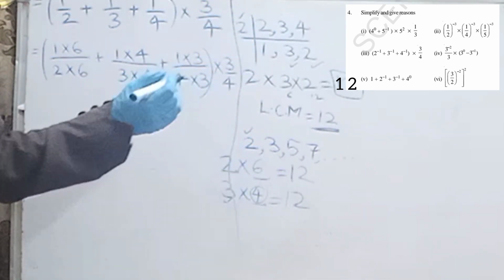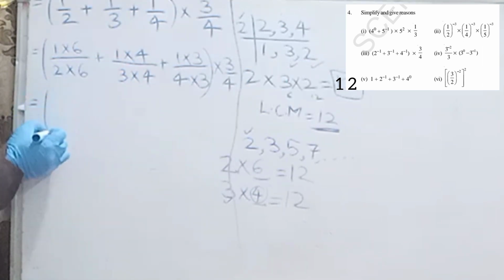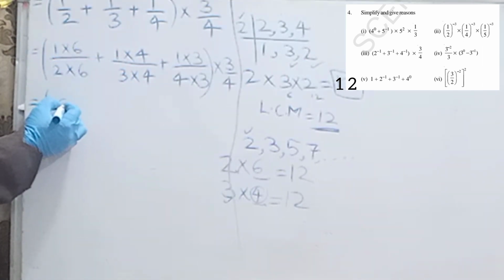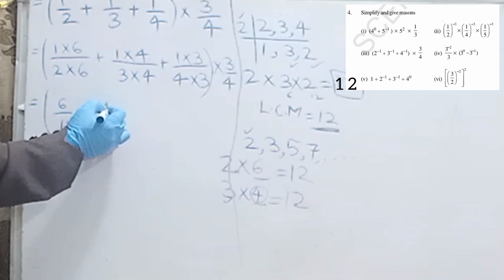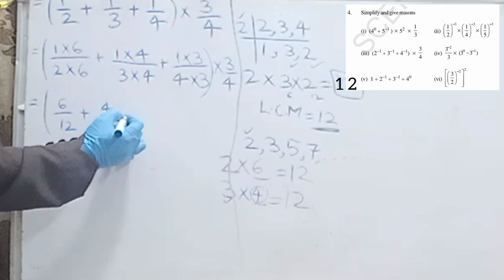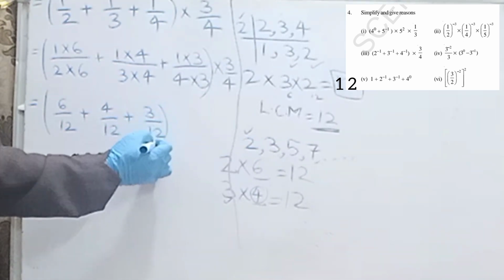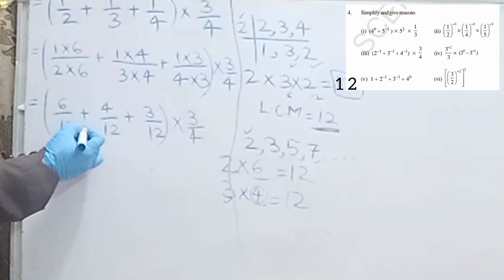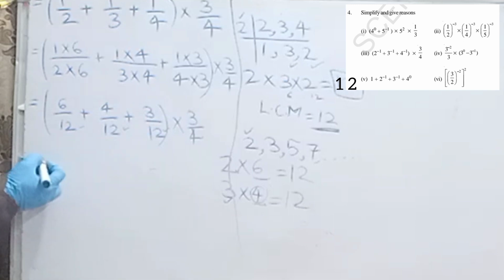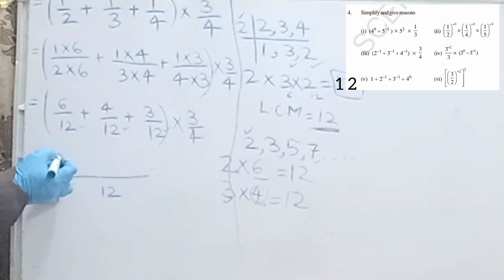This is all our rough work. So this is equal to, now I will multiply all the things and write: 1 6s are 6 by 2 6s are 12. 1 4s are 4 by 3 4s are 12. 1 3s are 3 by 4 3s are 12, into 3 by 4. Now since all the denominators are same, only once we will write the denominator, like this.